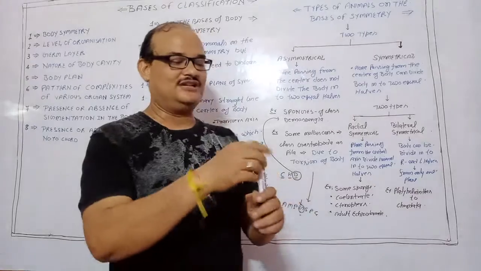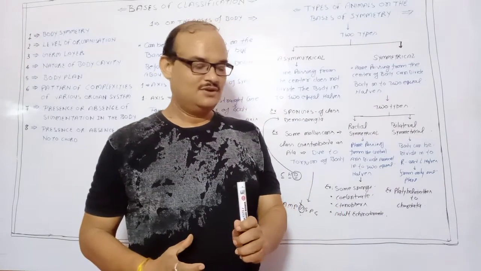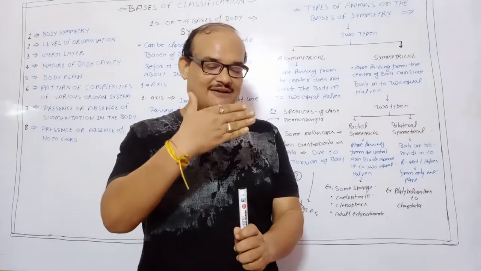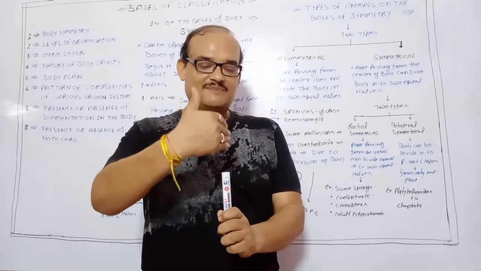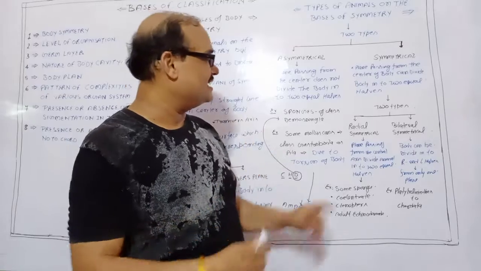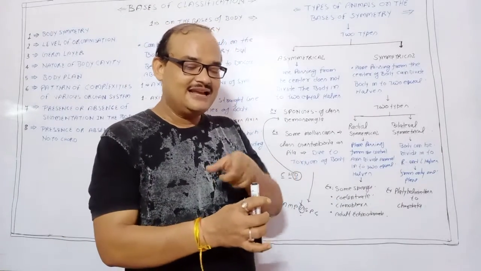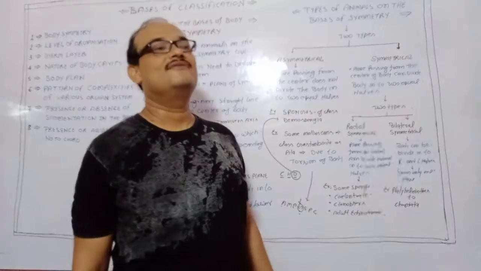Radial symmetrical: suppose this is an animal which is cylindrical. We can cut the animal into two equal halves from this side, this side, or any side. It means there are several planes by which we can divide the animal into two equal halves.